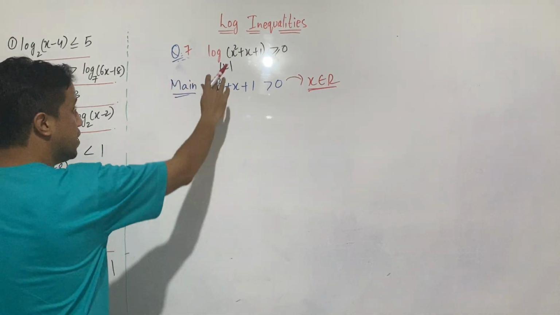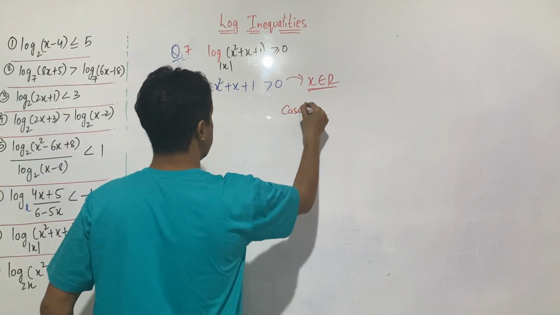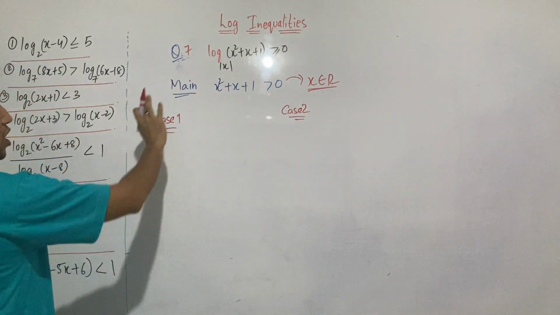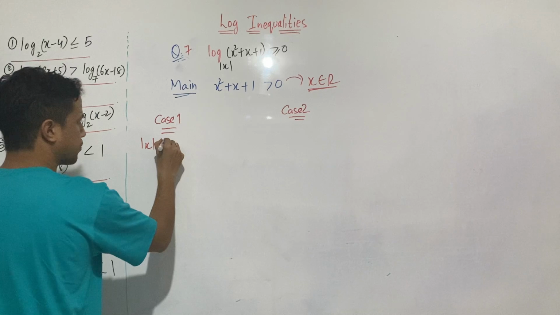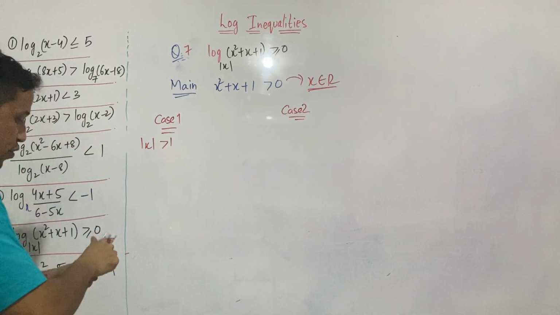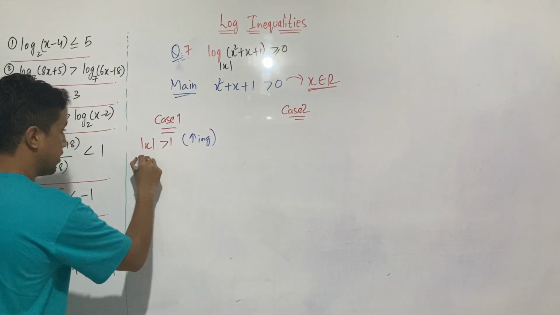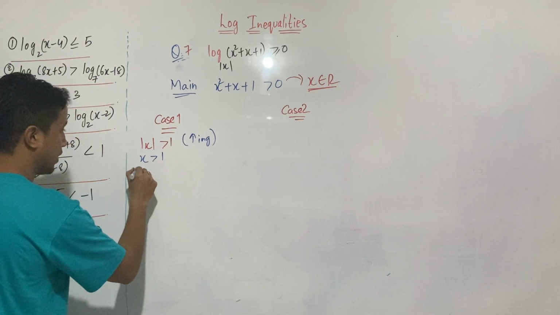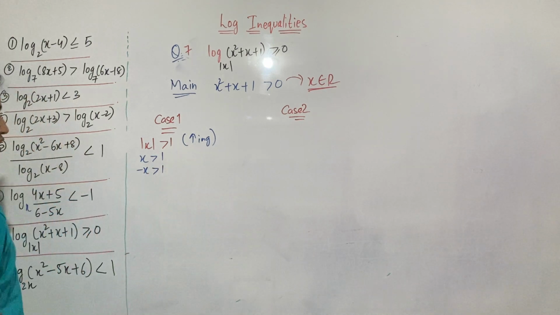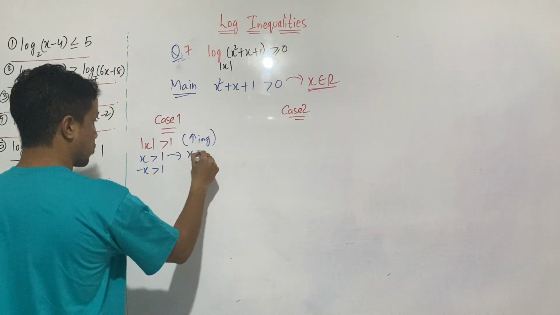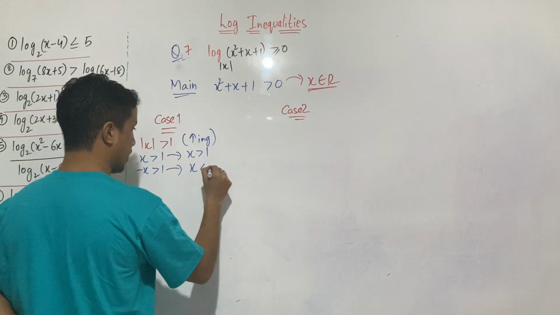Now here we can take case 1 and case 2. Case 1 is when our base is greater than 1, which means an increasing function. So either mod x is greater than 1, meaning x is greater than 1, or x is going to be less than minus 1.